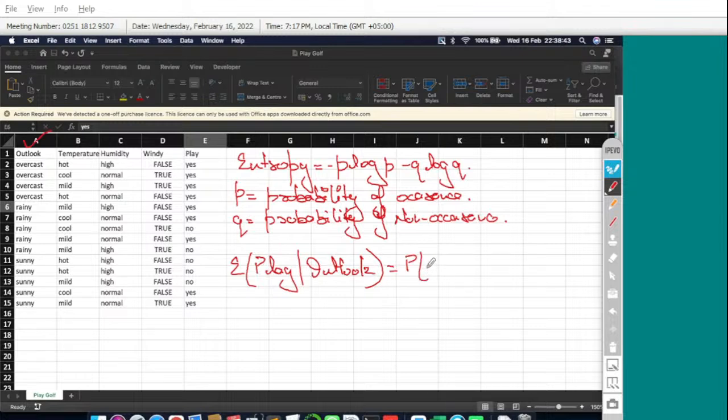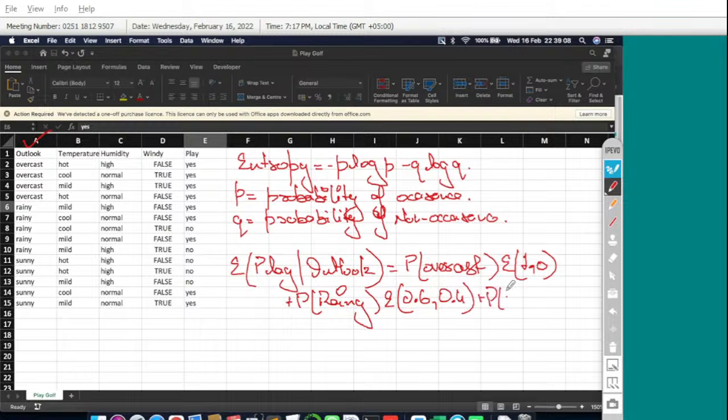Probability of having overcast into entropy of 1, 0, plus probability of rainy into entropy of 0.6, 0.4, plus probability of sunny into entropy of 0.4, 0.6.